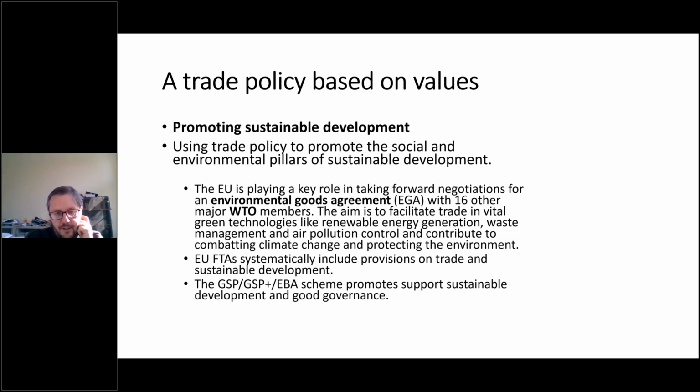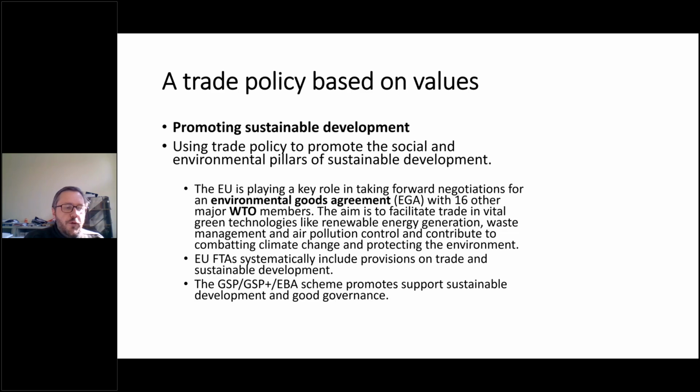And we will have a lecture on that after the Easter break. But also on the multilateral level, and that's the first bullet you see, the EU is playing an important role, for instance, in making sure that the negotiations on the environmental goods agreement at the WTO progress.